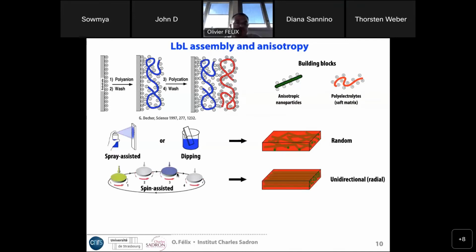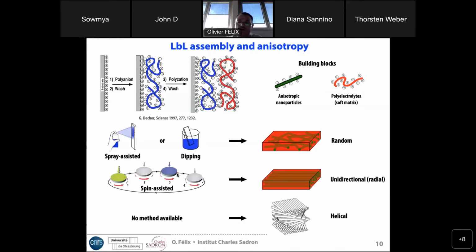If you're using spin-assisted assembly, that means spin coating, you will get alignment of your anisotropic nano object in one direction. That means you will get unidirectional alignment of your anisotropic object. And of course, if you want to build a helical structure, it's not possible to do it by simple LBL.